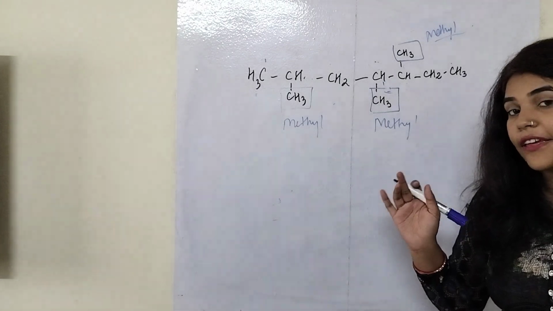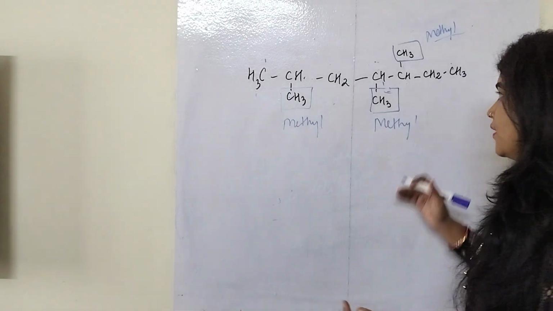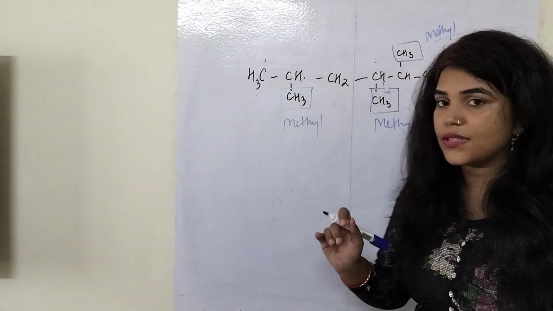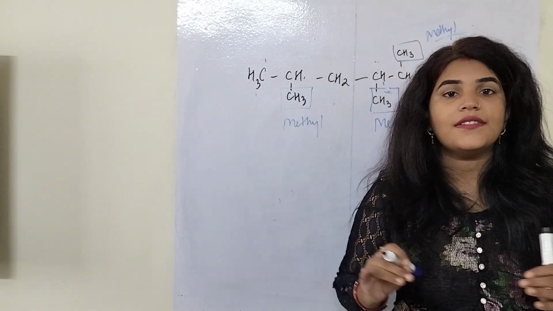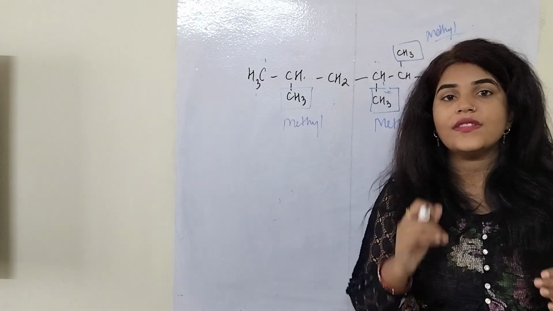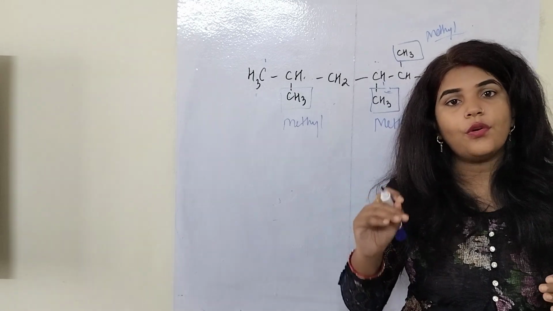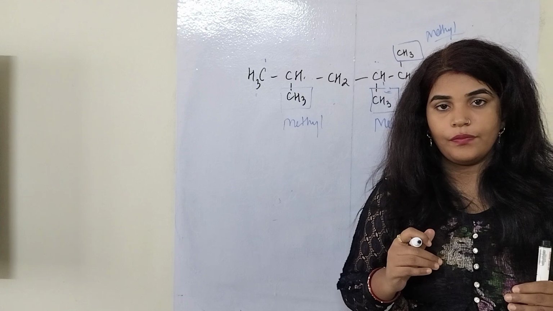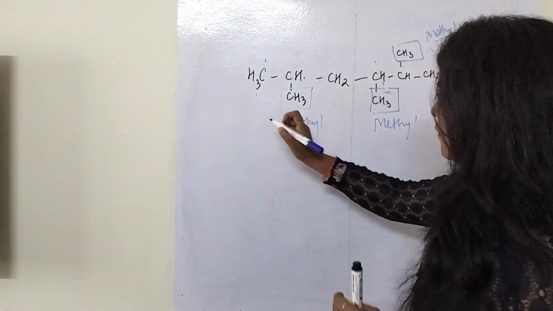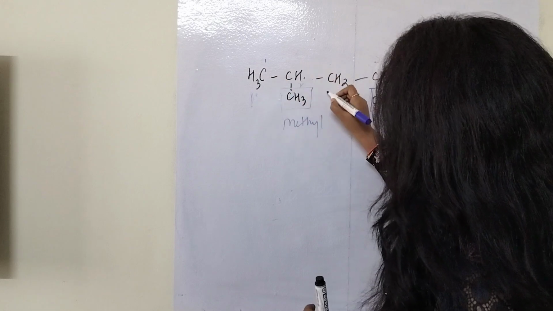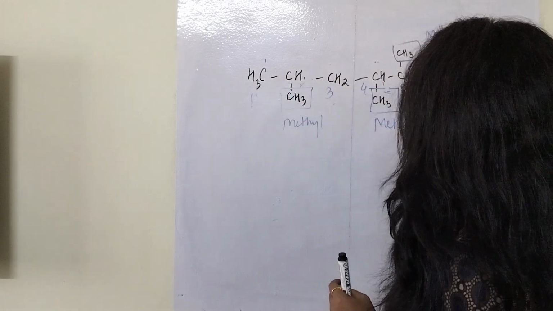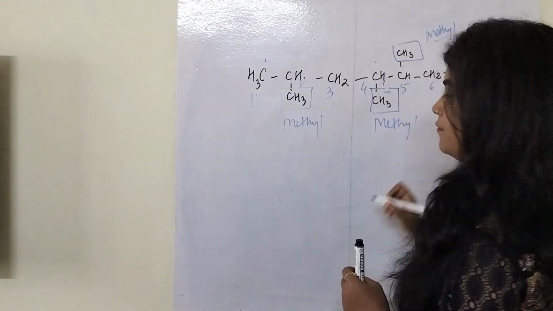So we have to again give the numbering. We have to give the numbering in such a way so that our substituents get the lowest number. So if I give the numbering from this side, 1, 2, 3, 4, 5, 6, 7.